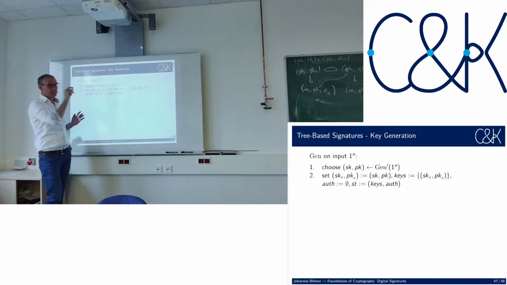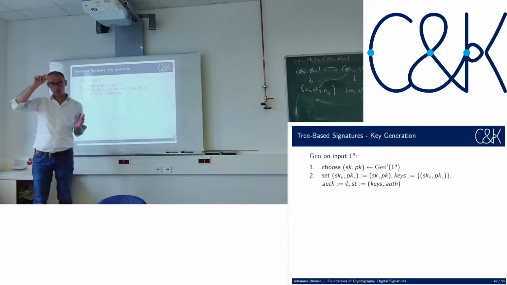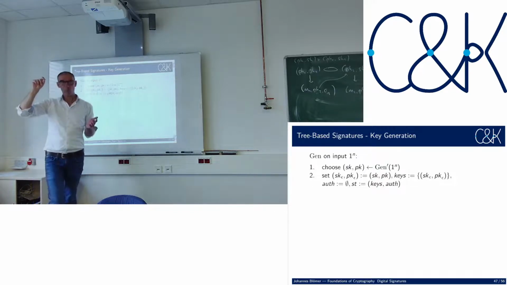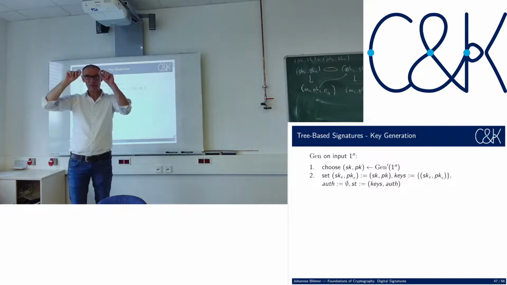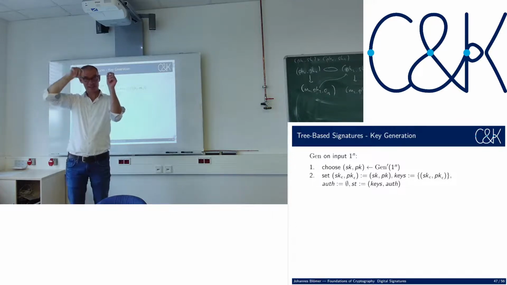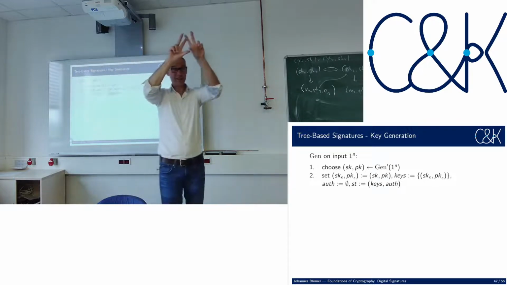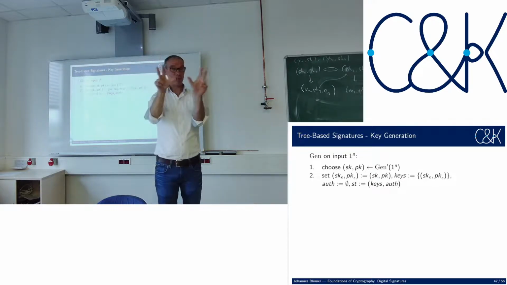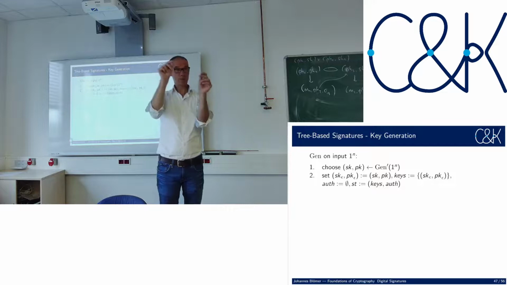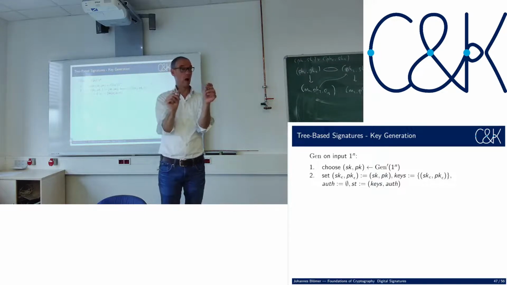We will index them, though not with numbers, but with bit strings. Why? Well, in a chain, you have indices, counters. In a tree, you have sequences. So you have sequences of bits telling you where in the tree you are.